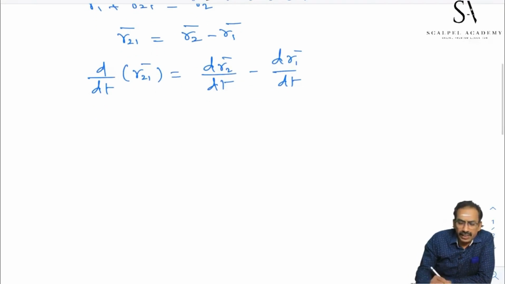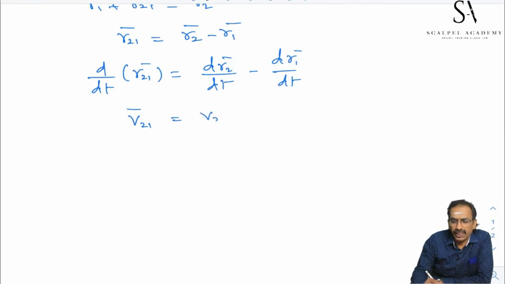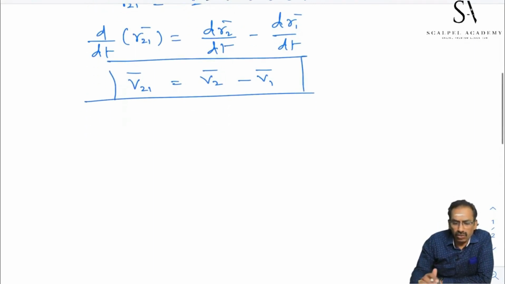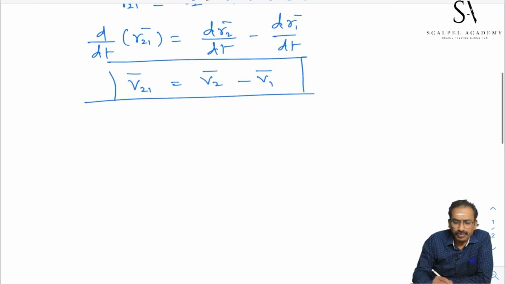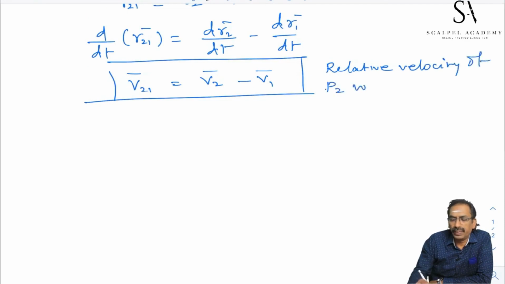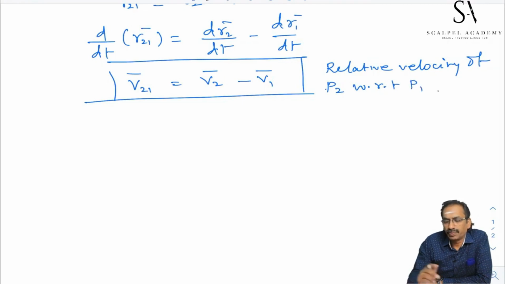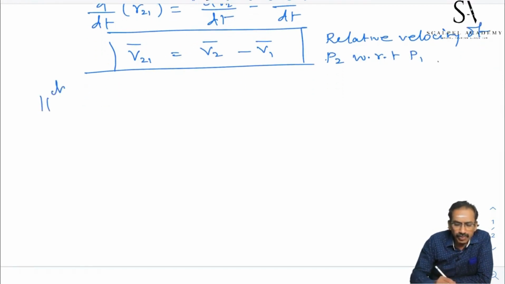d by dt of R21 is the velocity of the second particle with respect to the first particle. This is velocity of second particle minus velocity of first particle. V21 is called relative velocity of P2 with respect to P1. Similarly, the relative velocity of the first particle with respect to the second can be written as v1 minus v2 vector.